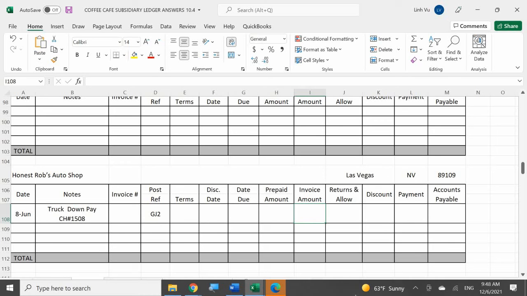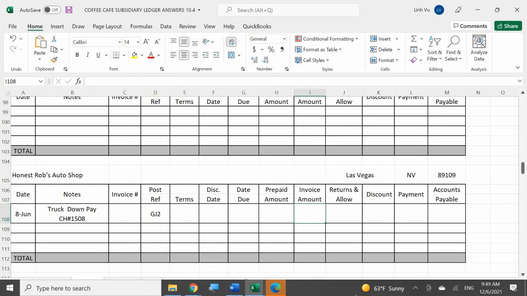Just because I bought the truck from Honest Rob's, I'm only going to record the price of the down payment. Because who do I owe for the remaining $29,221.90? Main Bank. You owe the bank. You don't owe it to Rob. You only paid for whatever you paid at the time of purchase.